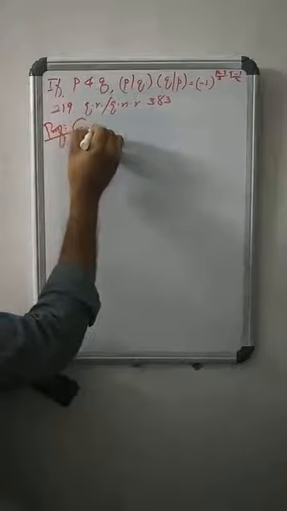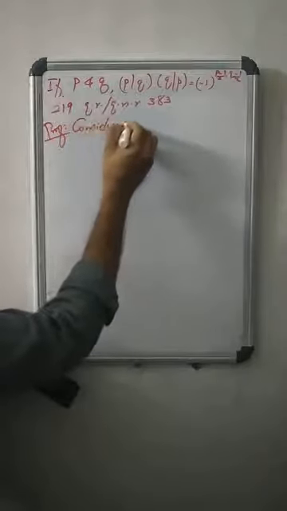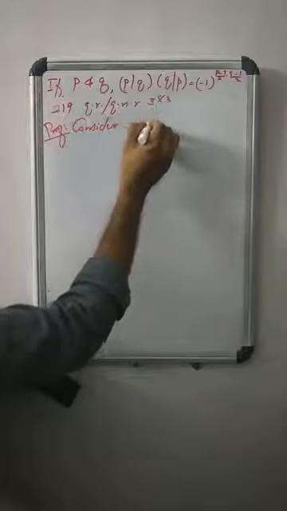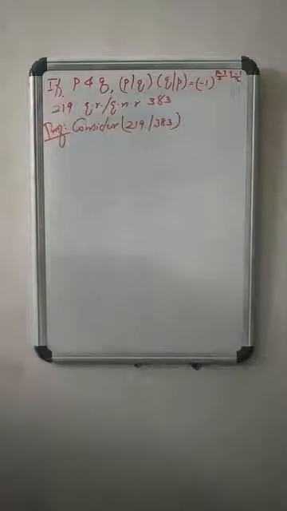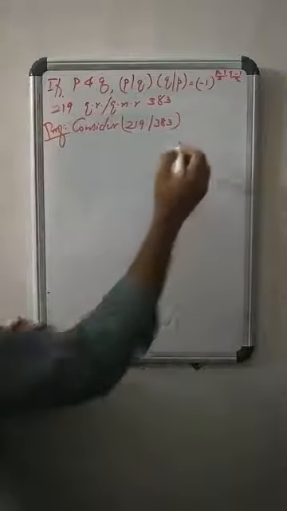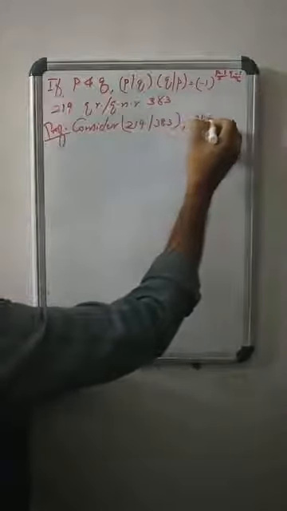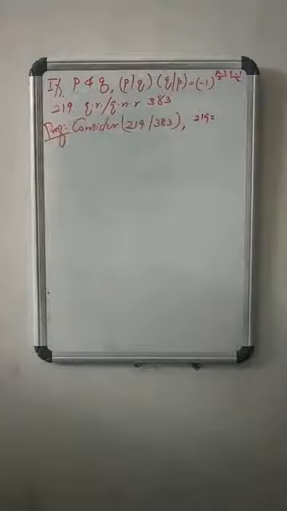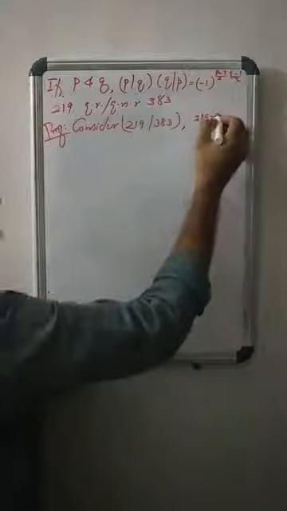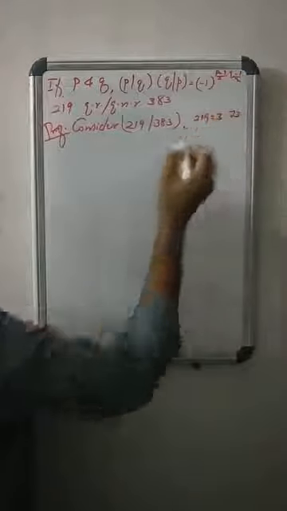Consider (219 bar 383), that is, (n by p) or (n bar p). What is 219 by 383? What is 219 actually? 219 can be written as a product of two primes, that is 3 into 73.